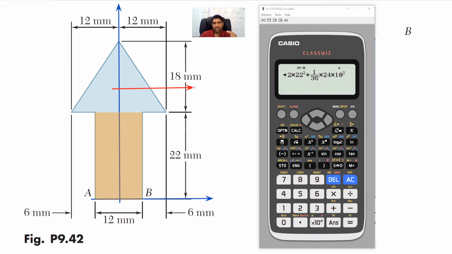So we have to use the parallel axis theorem and find it for the AB axis. Therefore, we need to do the correction: we have to add A y bar squared. The area is not 12 into 22; for the triangle the area is half into base into height, base is 24, height is 18.